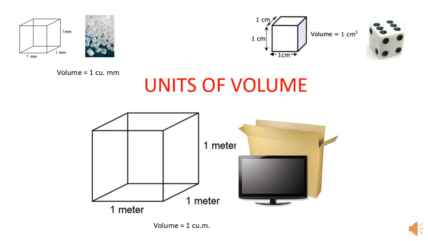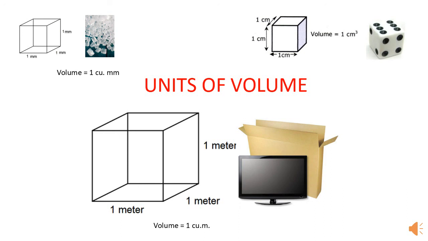You can see the first picture shown here. A cube with length, breadth and height as 1 millimeter is shown. Such type of cube has the volume of 1 millimeter cube. You can say the volume to be 1 cubic millimeter also.